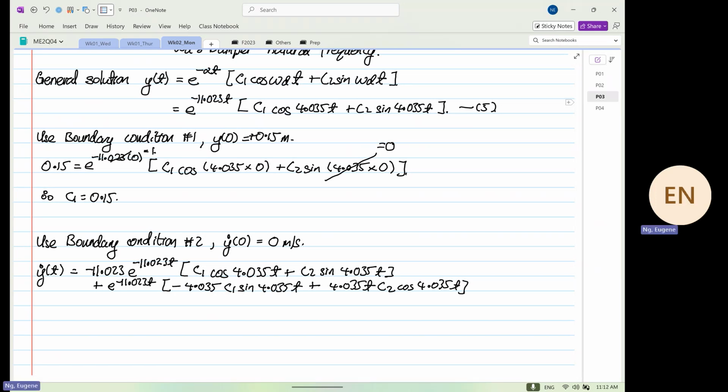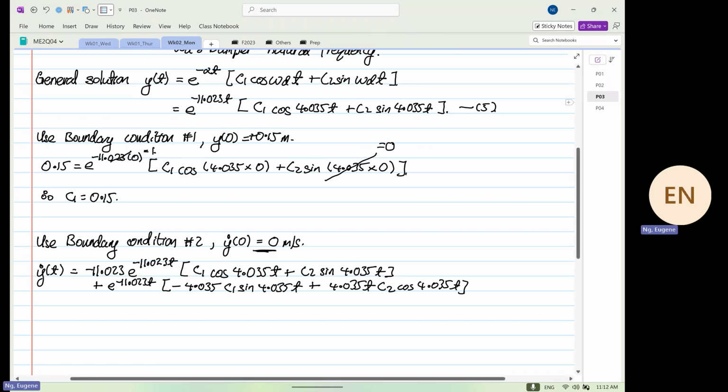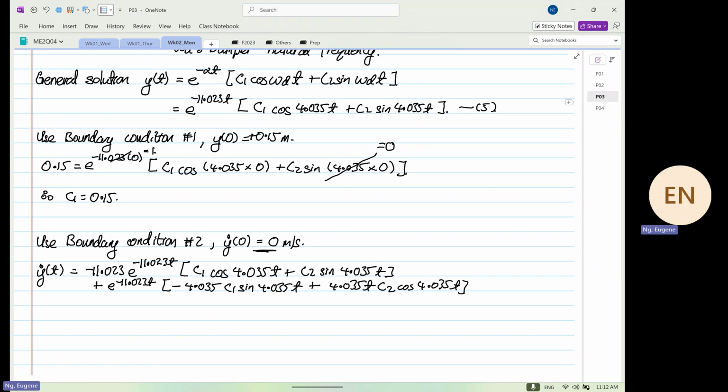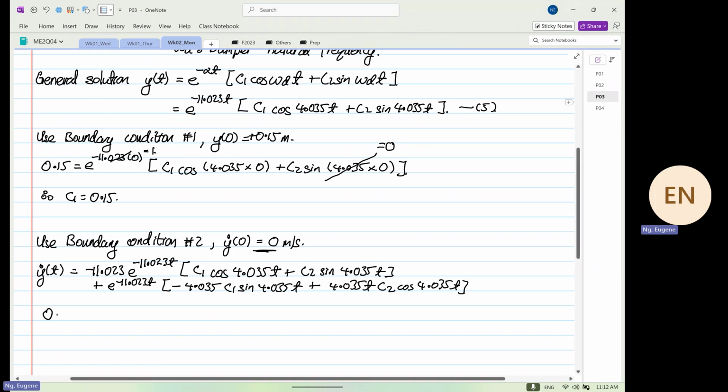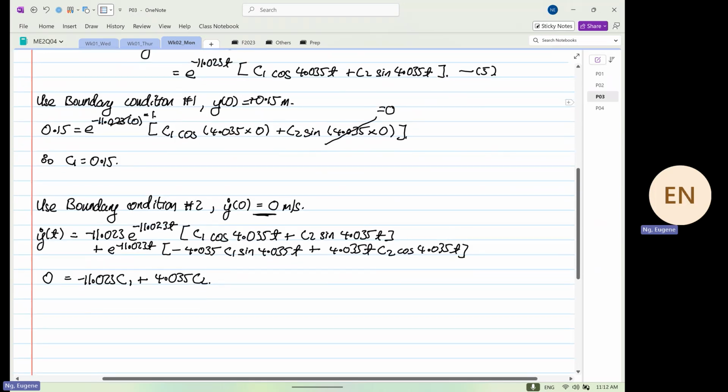So I'm not going to do the substitution bit. You will solve it yourself. It's so straightforward. So from here, we just substitute C1 is equal to 0.15. Okay, and then we substitute this expression when t is equal to 0. So finally, you will have an expression. When you do everything, you get this expression. This is equal to 0, minus 11.023 C1 plus 4.035 C2. I don't want to waste your time. You can check on your own later on.